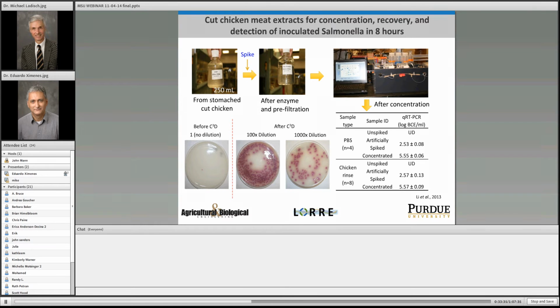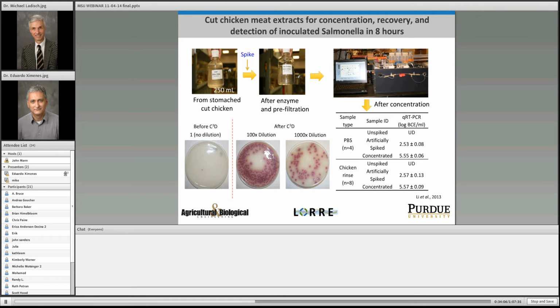The difference here is how many times we dilute them. It's the same sample, just showing you a plating of the concentrated and recovered sample after 100 times dilution and after 1000 times dilution. So we were able to estimate around, or a little bit more than, 70% recovery.